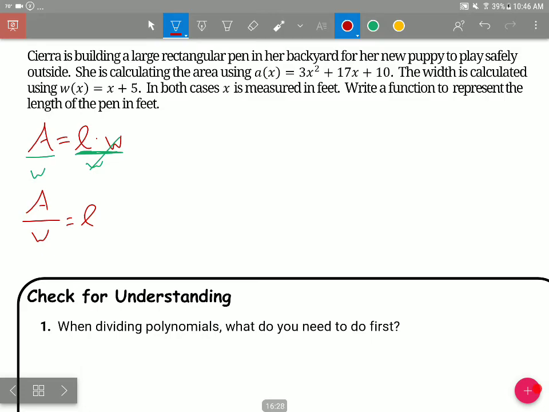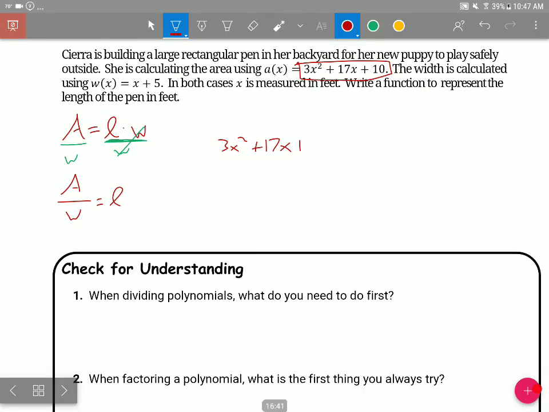So your area is 3x squared plus 17x plus 10, divided by your width, x plus 5. All right? Now let's factor that puppy.